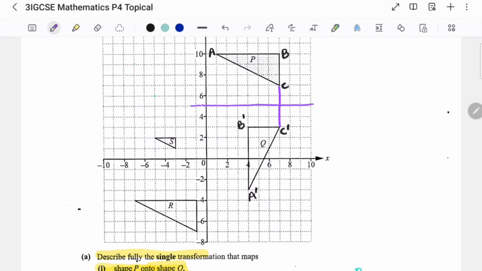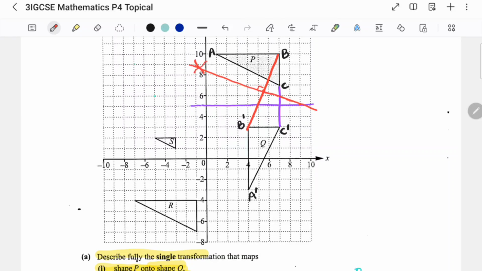Okay, now it means the center will be on this horizontal line. Now I'm going to join the other point, which is B to B prime. Now just draw the perpendicular bisector of that line.